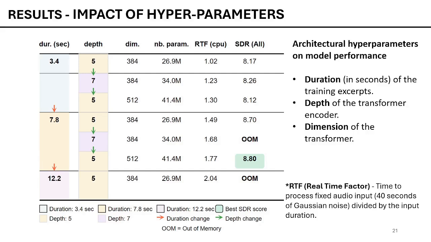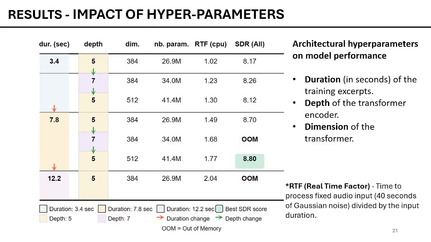They also measure real-time factor, which indicates how quickly the model processes audio. When the input duration of the audio increases, the RTF value also increases, since long audio segments provide more data that need to be processed. Overall, the best performing configuration was the architecture of duration 7.8 seconds, depth of 5, and transformer encoder dimension of 512. This configuration provided the optimal balance, maximizing SDR performance without causing memory issues.